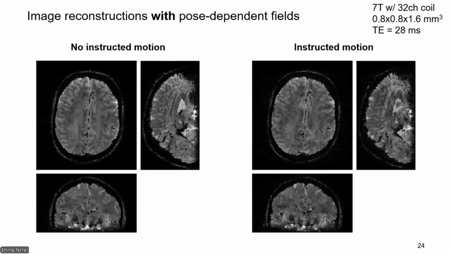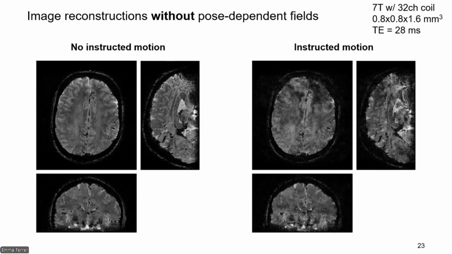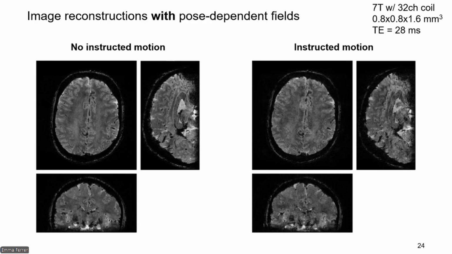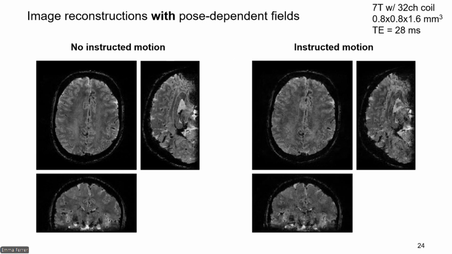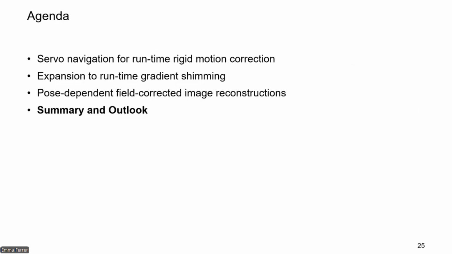And applying the pose-dependent field corrections by our algorithm, you see that these artifacts are tremendously mitigated. And the nice thing is, in the no instructed motion case, you also see quite some changes that give you higher gray matter continuity, for example. This contrast is just very sensitive at high field to motion, even tiny motion.